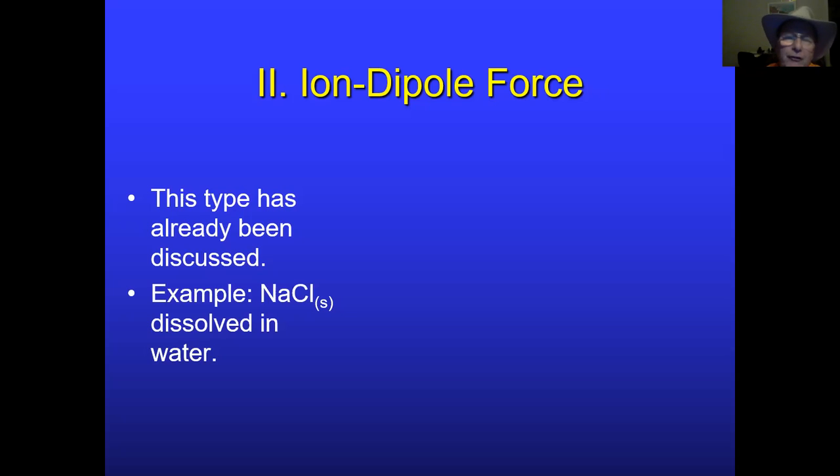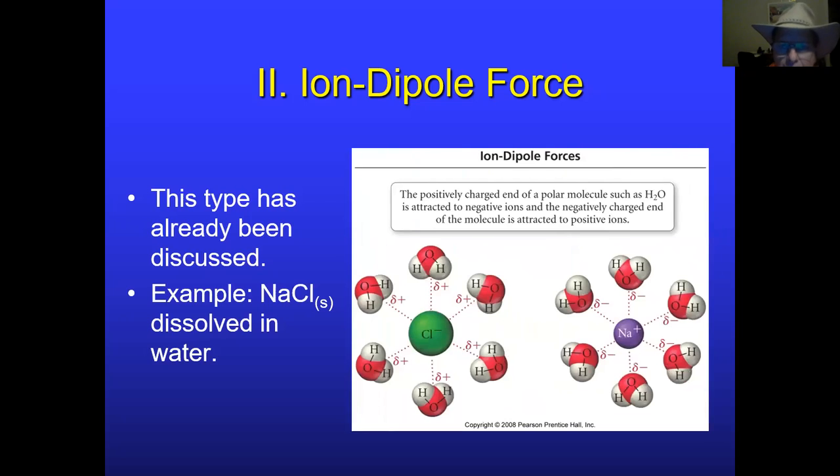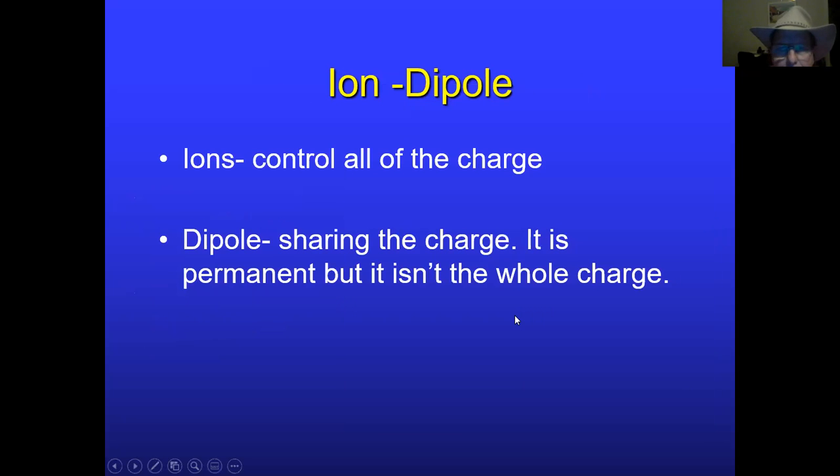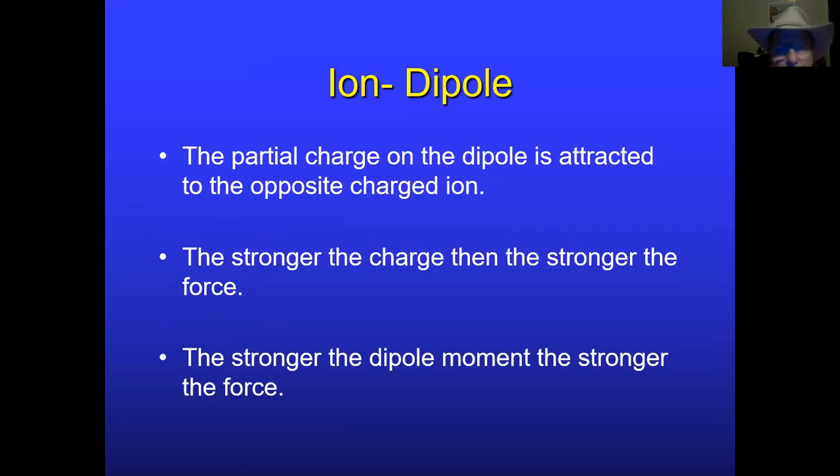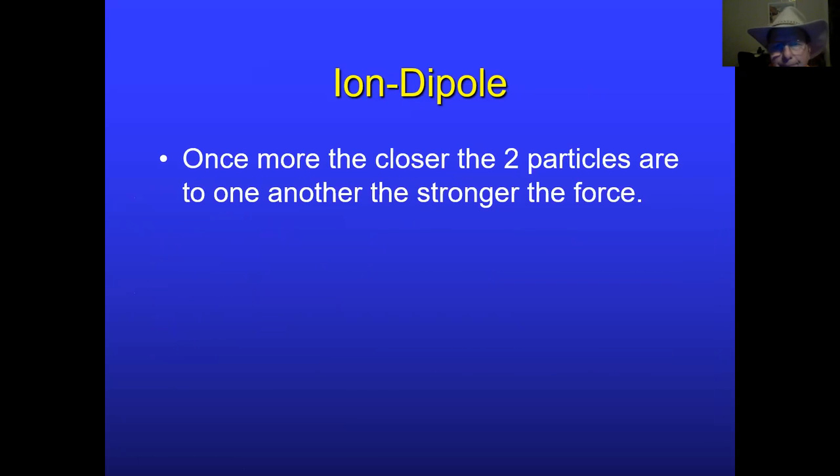The chlorine is going to attract the positive hydrogen end. And again, there are going to be tons which surround this chlorine. So we have the hydrogens attracting the chlorine and the oxygens attracting the sodium, and they get totally separated. I've talked about all that.